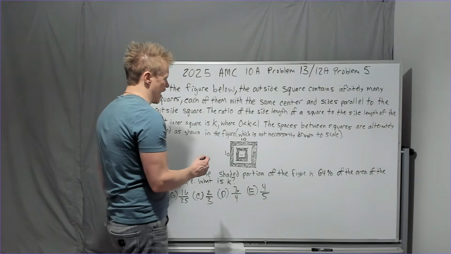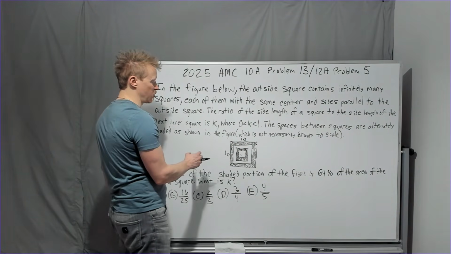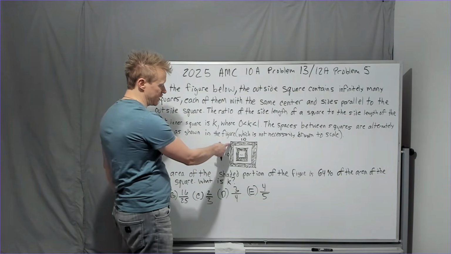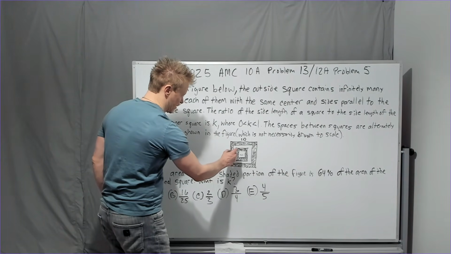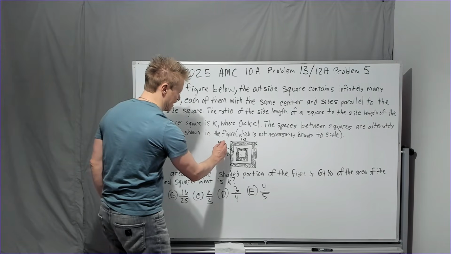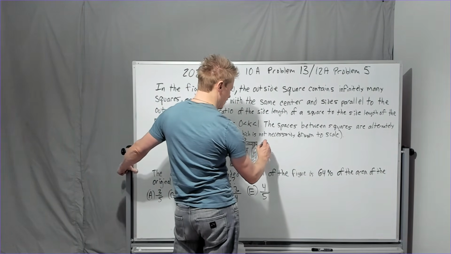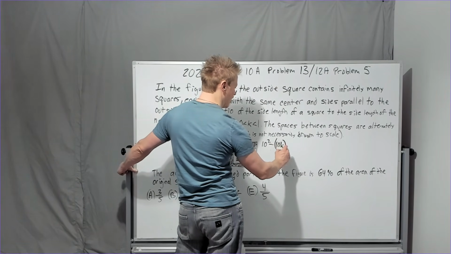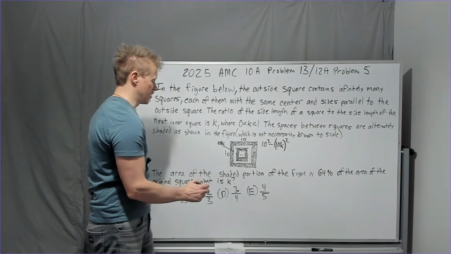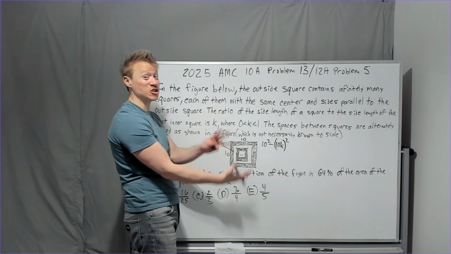So what do we do next? Well, this outer ring of the square ring is going to be 10 squared minus this part right here, which is going to be 10k. So it's going to be 10 squared minus 10k quantity squared, because I'm multiplying 10 by the scale factor k, which makes it smaller.